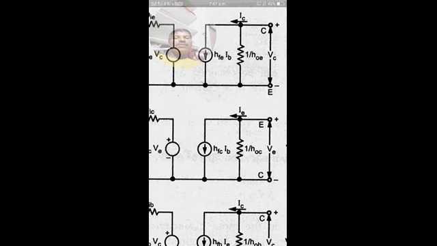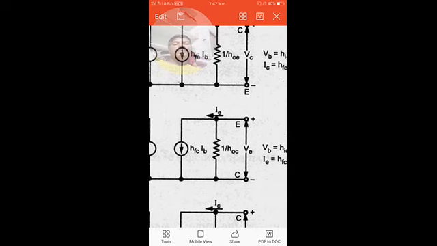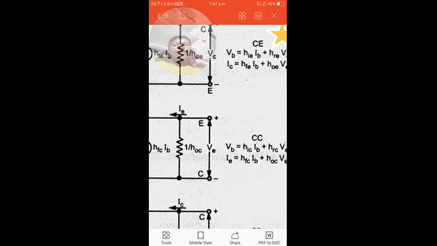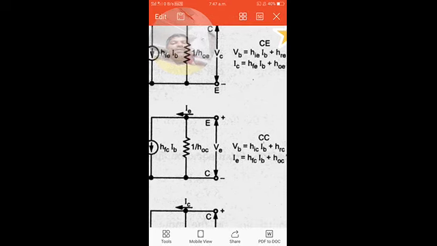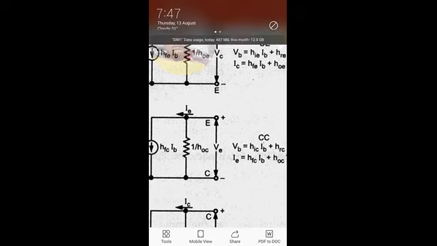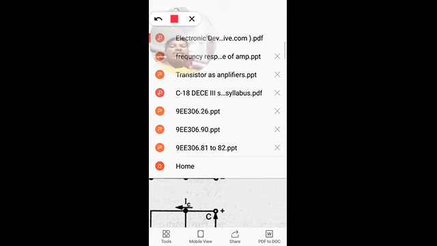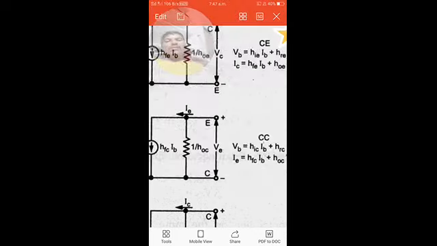Similarly, we can represent the output current in CC configuration, that is IE. Here IE is equal to HFC IB plus HOC VE. So IE is the sum of HFC IB plus HOC VE.